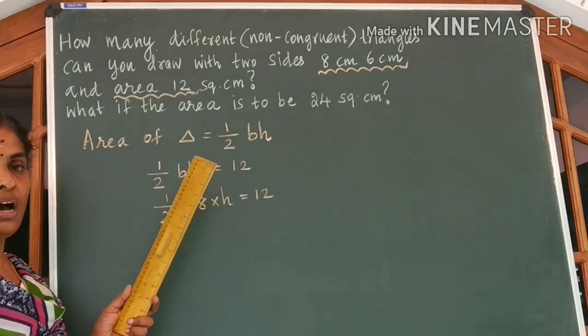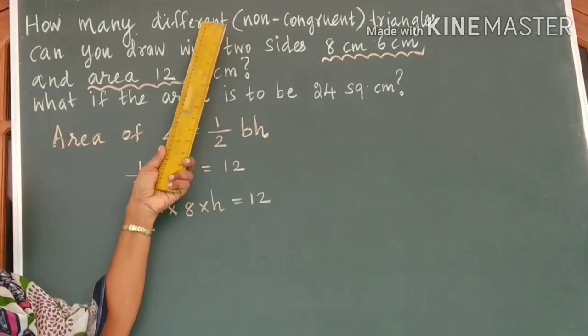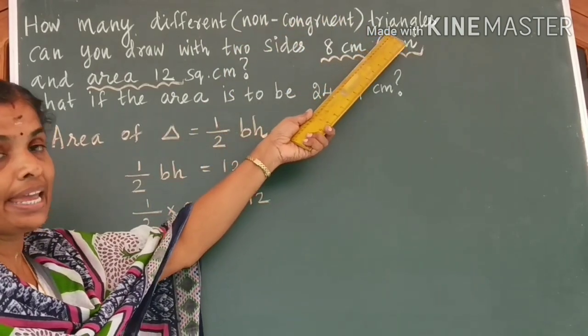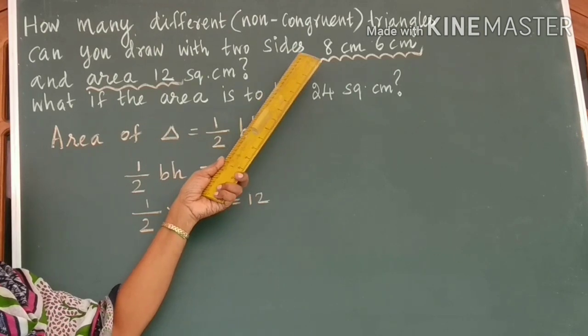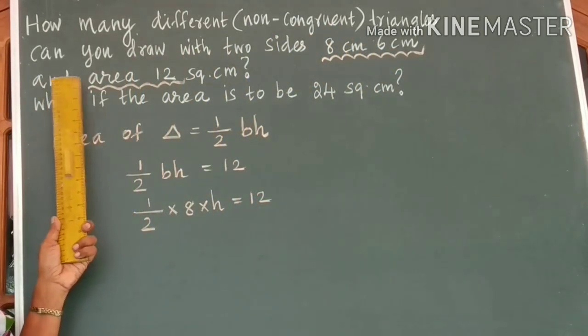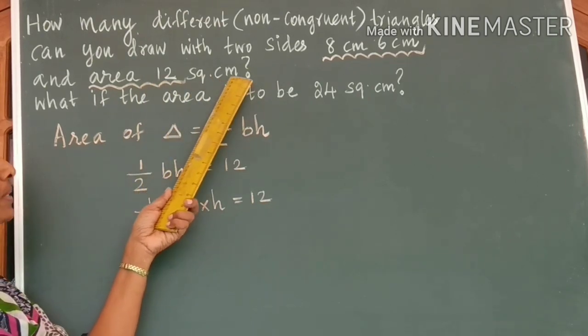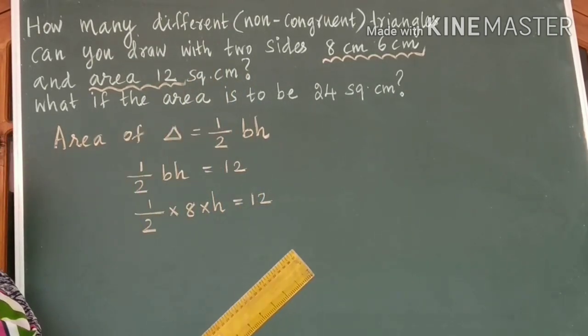Question, how many different non-congruent triangles can you draw with two sides 8 cm, 6 cm and area 12 square centimeter? Okay, is the question clear?